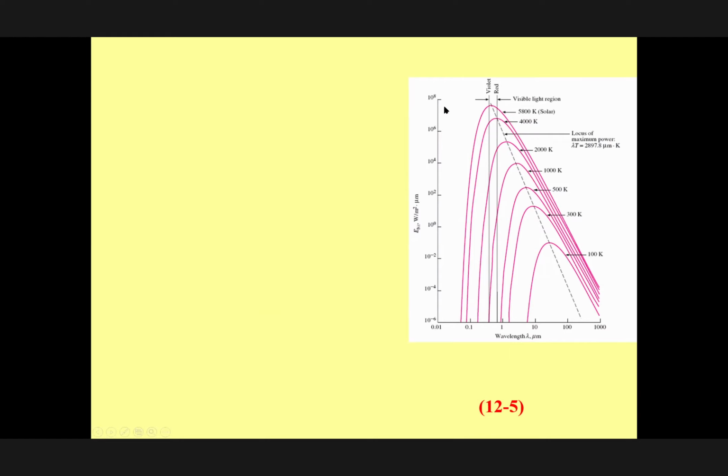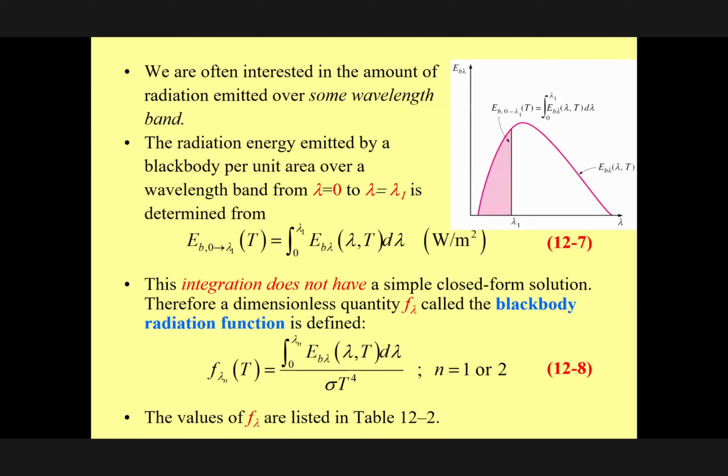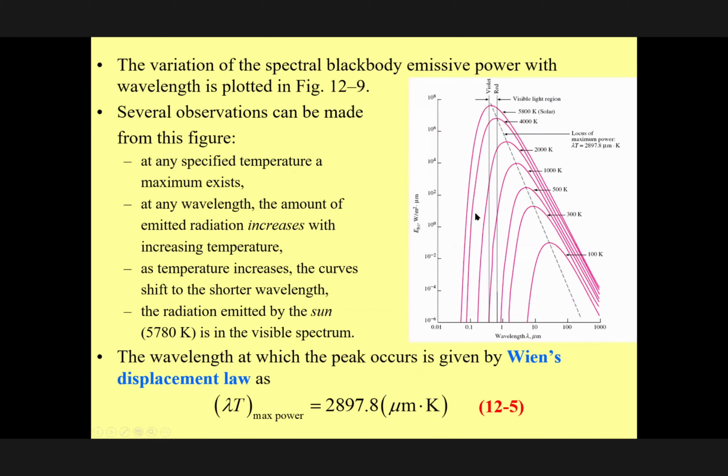Therefore, I'm trying to design my material to absorb the maximum radiation, so it only absorbs radiation in the range of, let's say, 0.4 to 0.7. The question is how much energy I'm going to absorb, so I need to calculate how much energy I absorb between 0.7 and 1. Therefore, I have to integrate that equation.